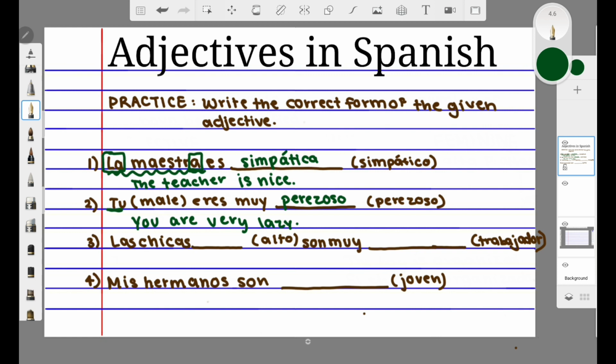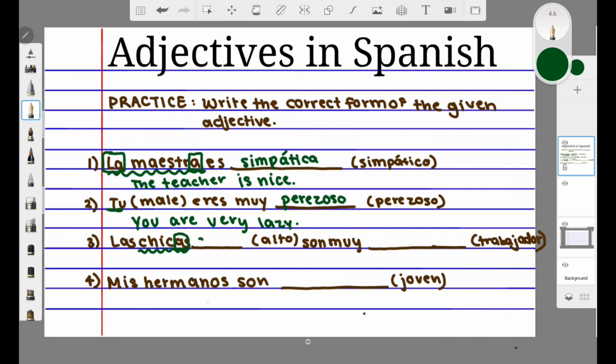Number 3, las chicas, blank for alto, son muy blank for trabajador. So we have the AS ending, showing that this is feminine, but plural. And again, with the definite article, las is for plural and feminine nouns.